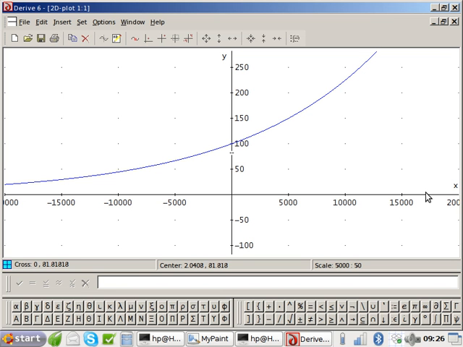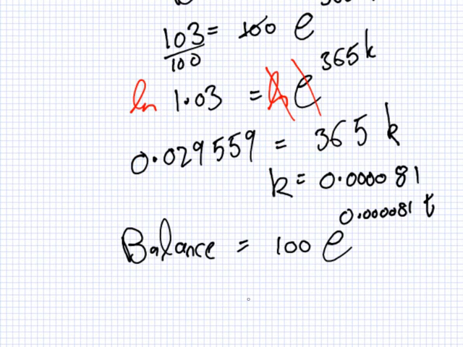So if you're only getting 3%, but inflation is 2%, then really how much are you getting? It's only like 1%. So your graph is even worse than this. Okay? Alright, the next part. After half a year, how much will be in the bank? So, what should I put in for the time? After another half a year.